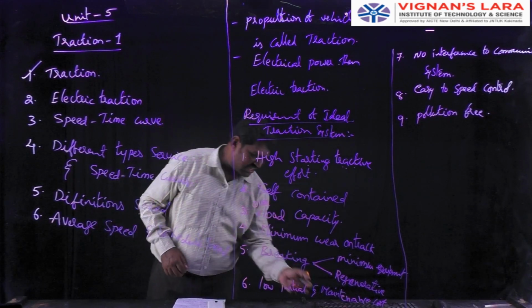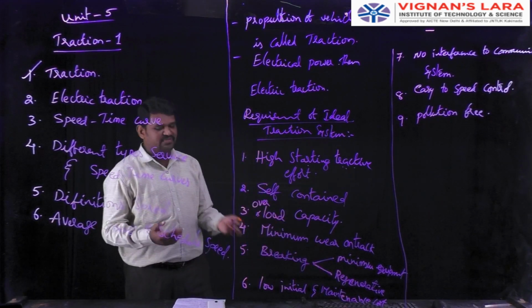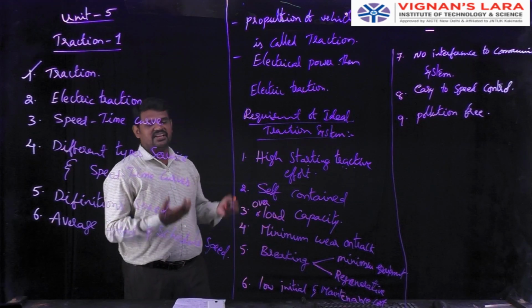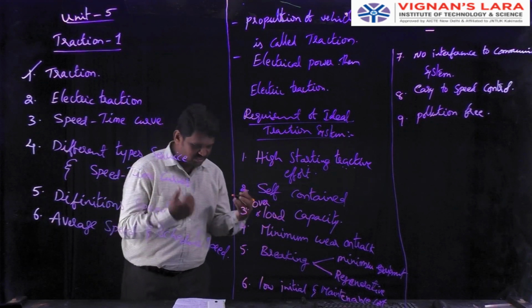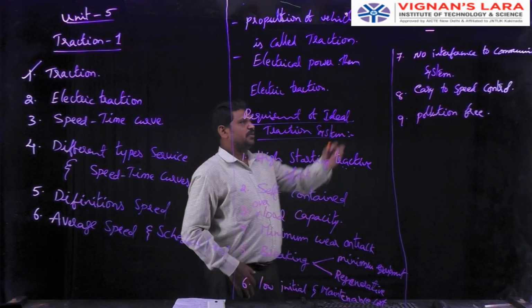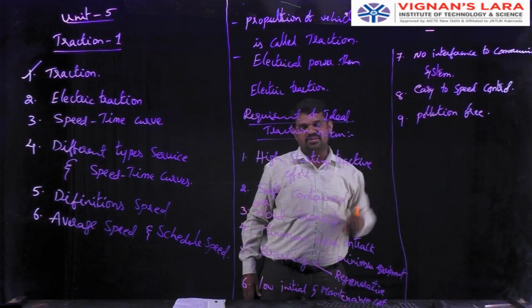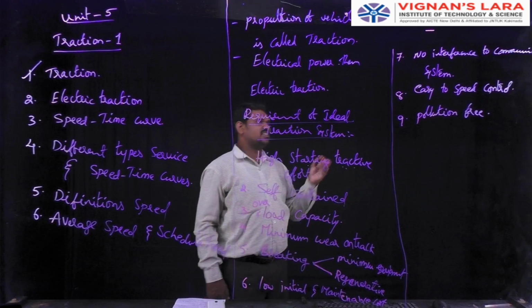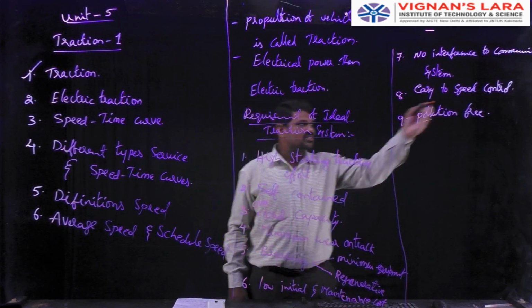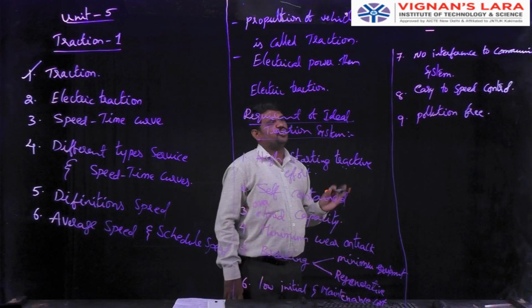So low initial and maintenance cost means it is economical. It should be minimum cost, and we should not provide any disturbance or interference to the communication system. It is easy to speed control, and it should be pollution free.